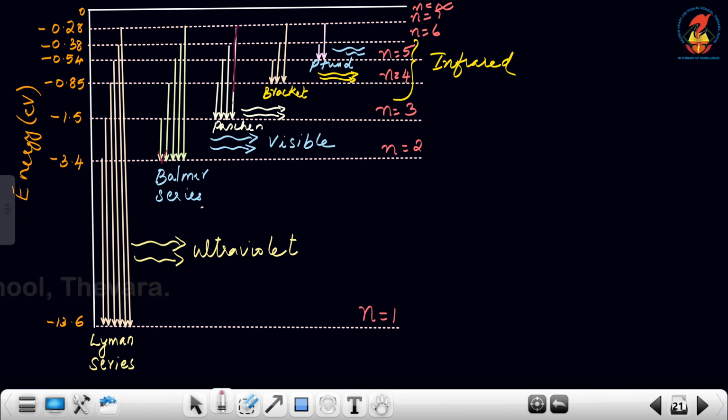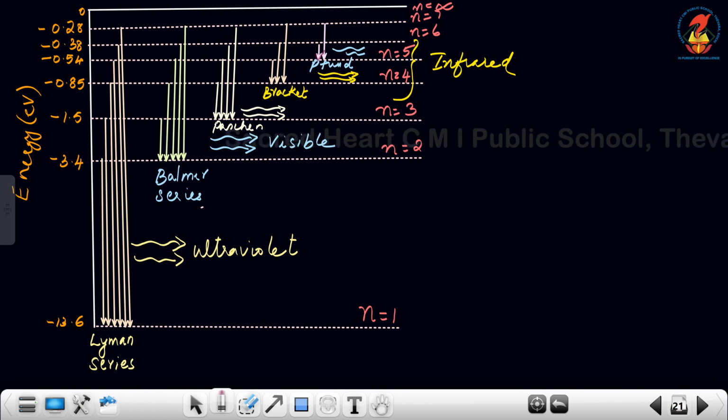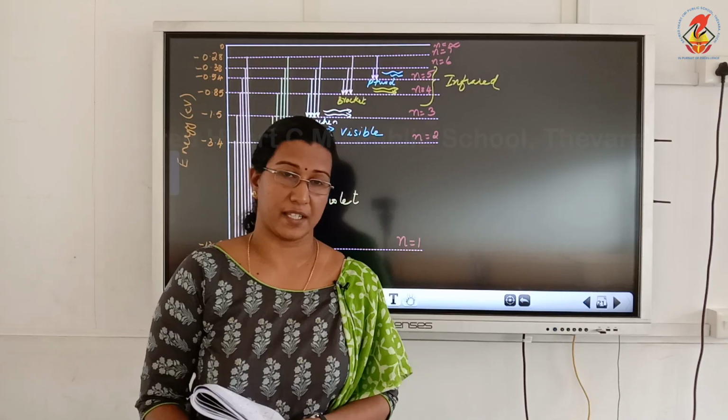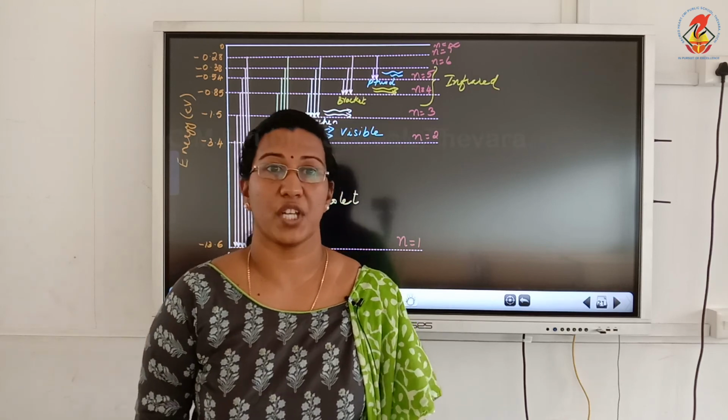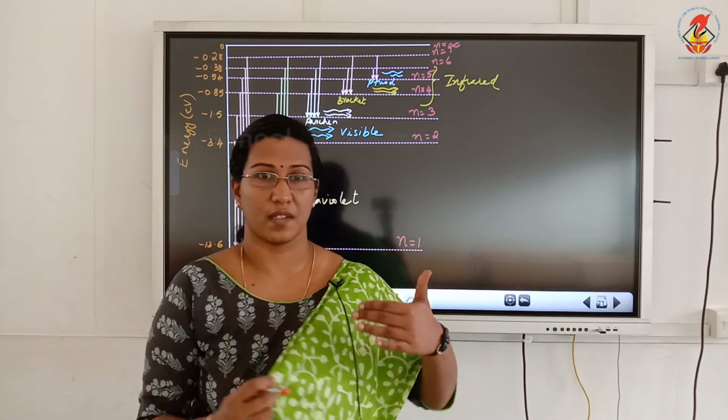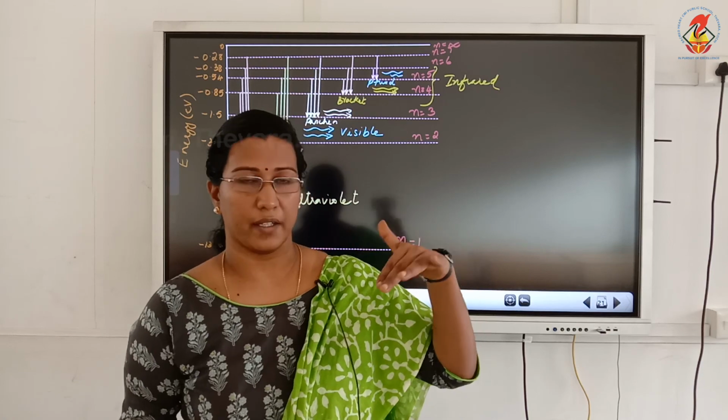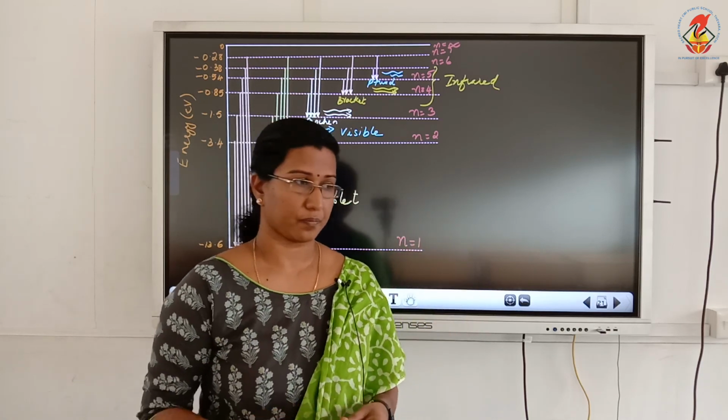And if the excited electron is jumping from a higher energy state to the n is equal to 3 state, or third level, we have the Paschen series. If it is jumping from the higher states to the fourth state, then we have the Brackett series, and finally we have the Pfund series if the excited electron is jumping from a higher energy state to the n is equal to 5th level. Now, this is the spectral line of a hydrogen atom when the excited electron jumps from a higher level to the ground state or the corresponding other intermediate states.